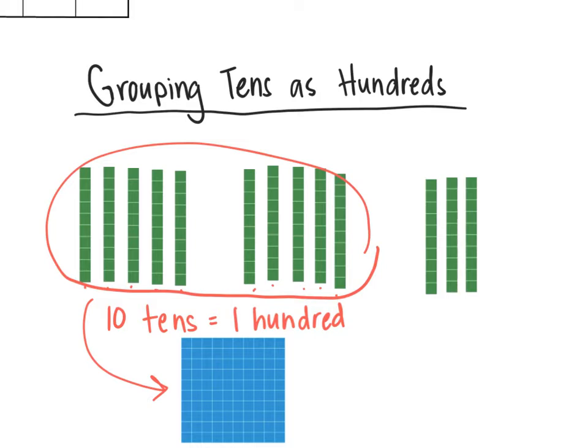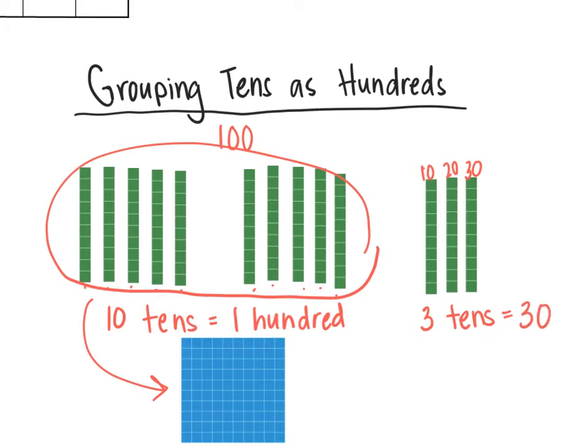But in this example right here, we have some leftover 10 blocks. So we know we have 100, but then we can skip count by tens to figure out how much we have left. We have 10, 20, 30. So a reminder, 3 tens is the same thing as 30.